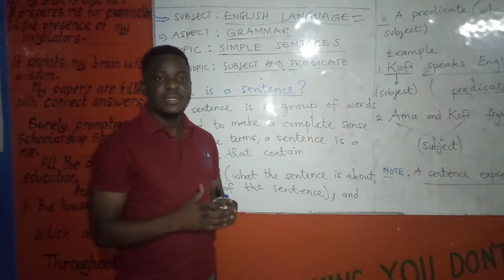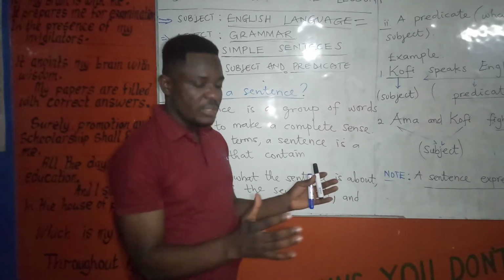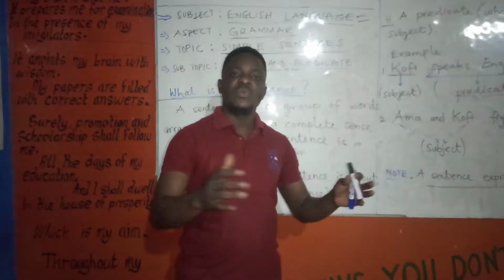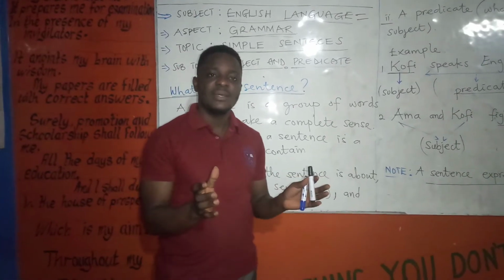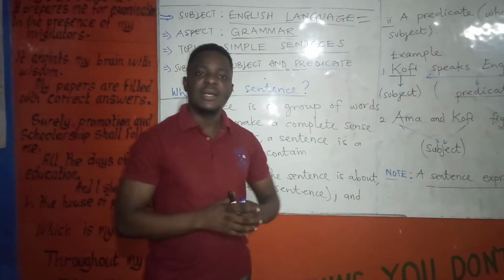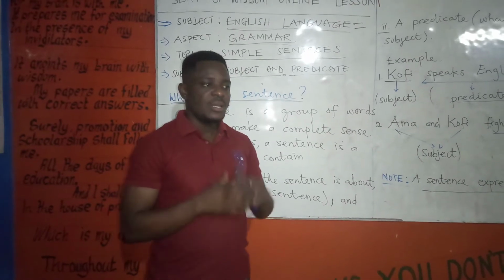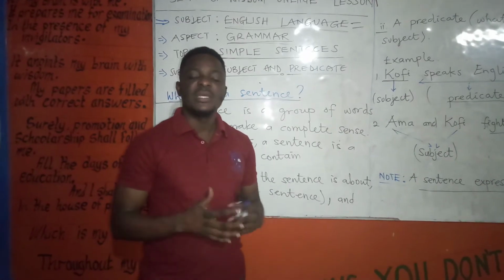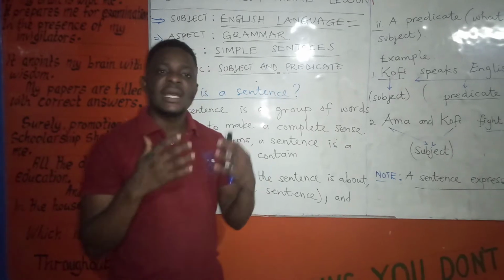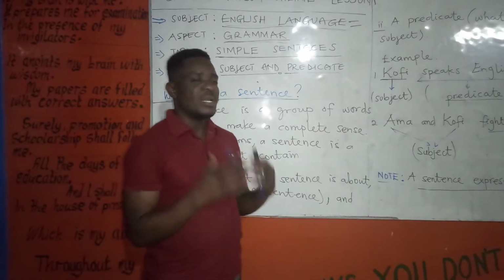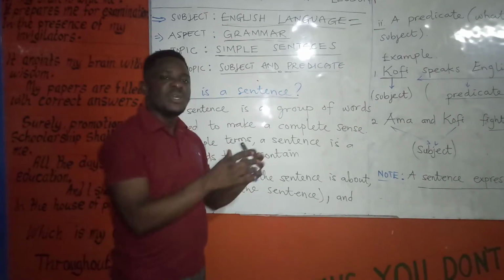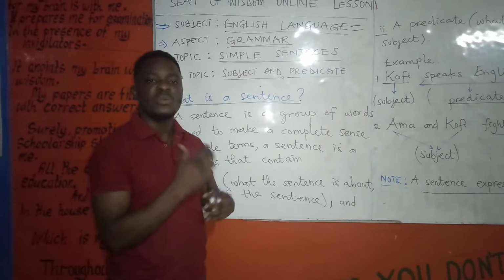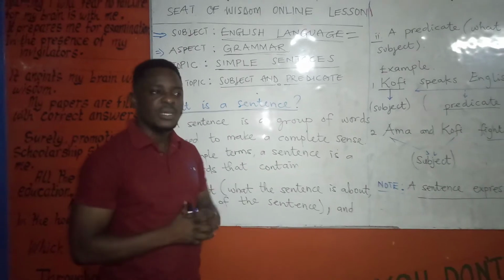Which means that not every set of words put together can be said to be a sentence, unless it makes a meaning, unless you are able to fathom what the words arranged are trying to convey to the listener.